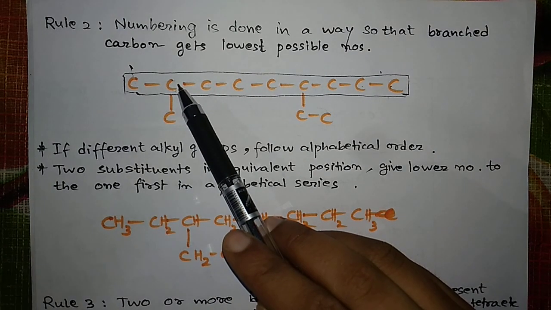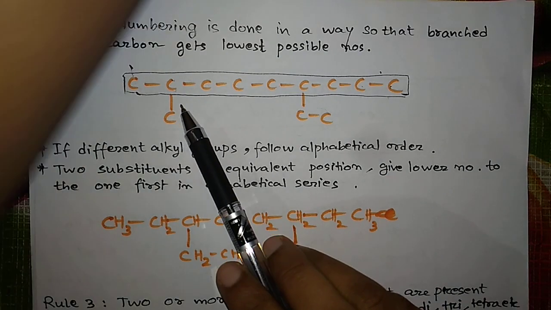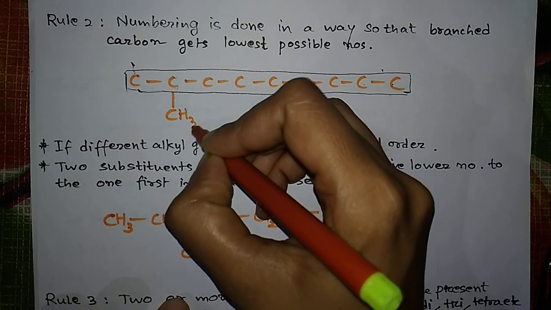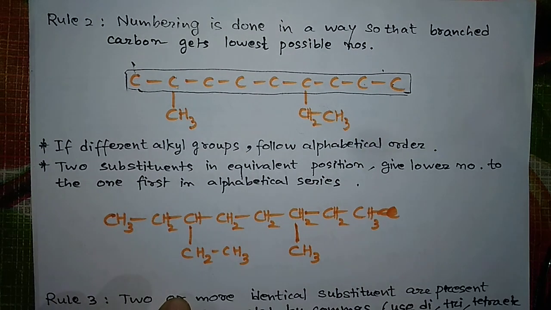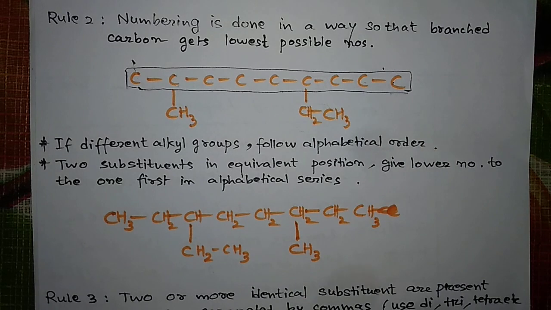So here, I'll just write the hydrogens: this is CH3 and this is CH2CH3, and the rest I am not writing, you just write down the hydrogens.